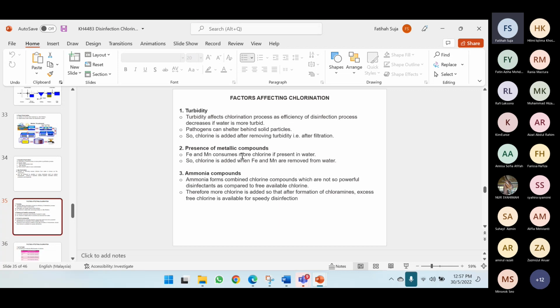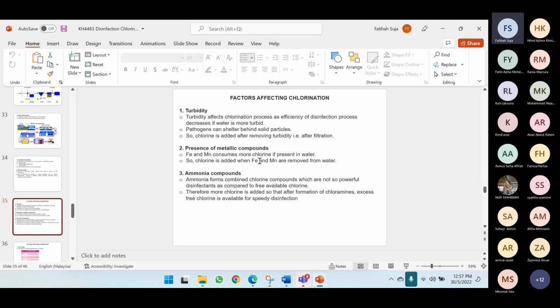Presence of metallic compounds like ferrum and manganese consumes more chlorine if present in water. Just now we have looked at this, it will reduce the effectiveness of the chlorine dosage. So chlorine is added when ferrum and manganese are removed from water.